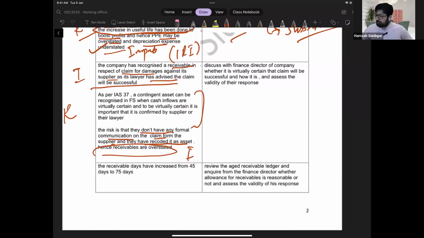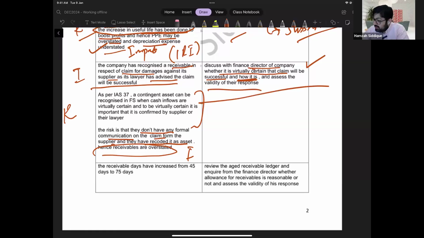So the response: discuss with the finance director of the company whether it is virtually certain that the claim will be successful. Very important. And here assess the validity of their response.